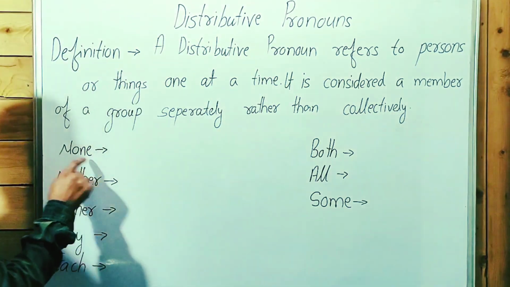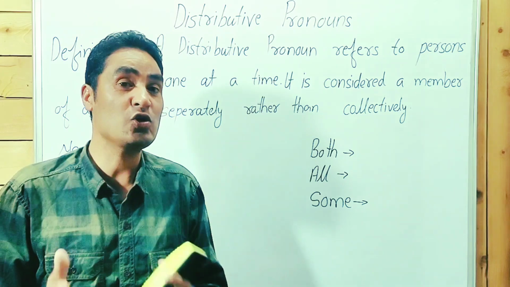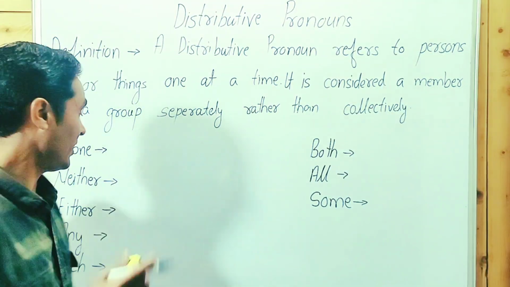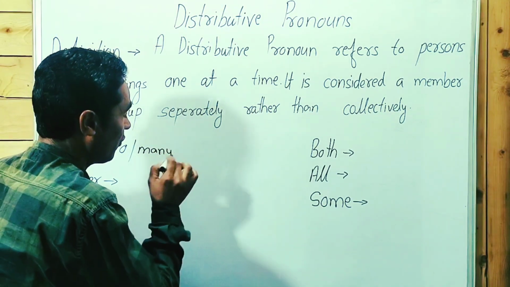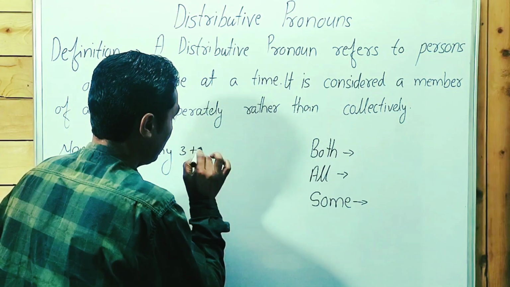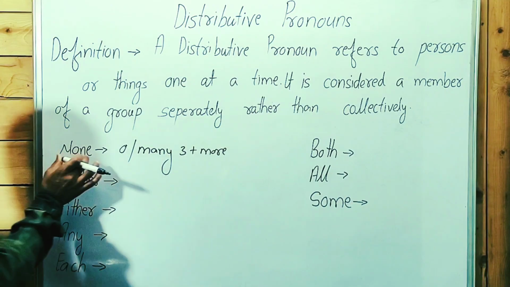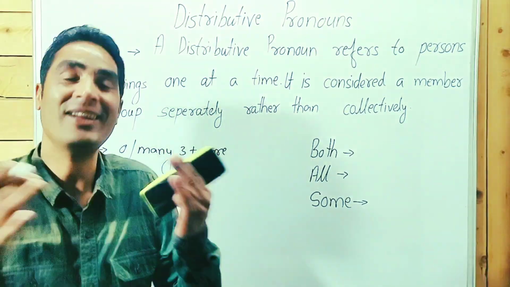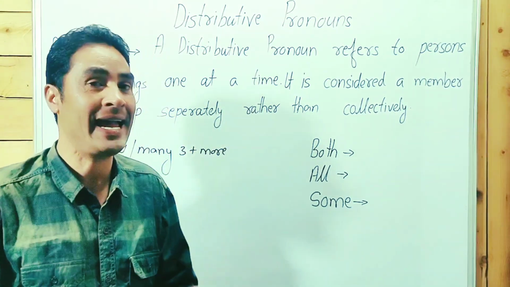So guys, here none is used for zero out of many. Point to be noted, none is used for zero out of many. It could be three or more people and things.